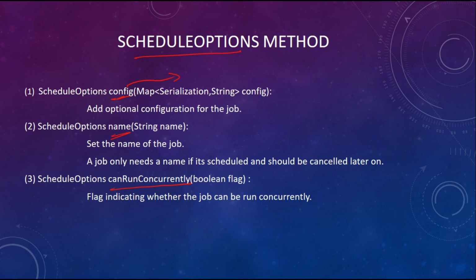Config, that means if you want to add some extra information just like a URL, name of the website or the vendor, you can simply use this config. Name, if you want to set the name of the scheduler, you can simply set it with this name. And this can run concurrently, so if you want to execute your scheduler concurrently or simultaneously, you can go with this can run concurrently.